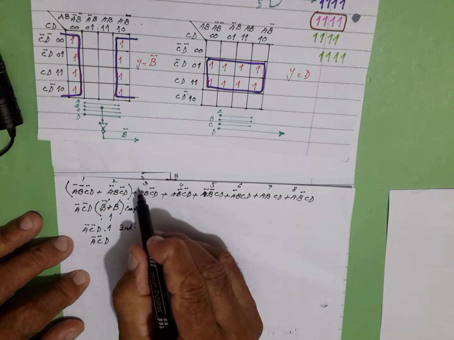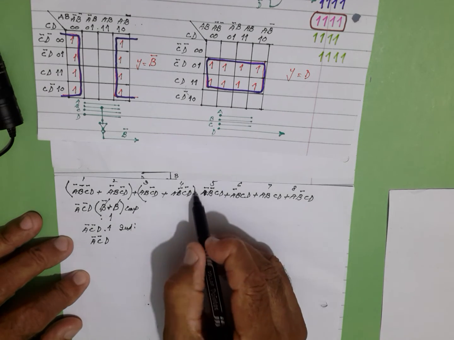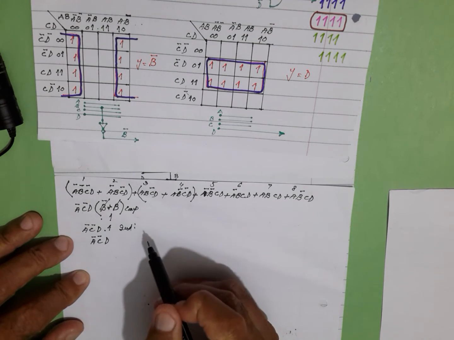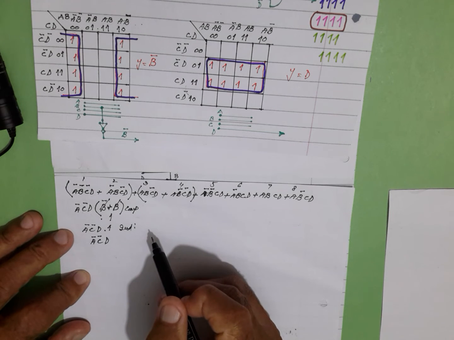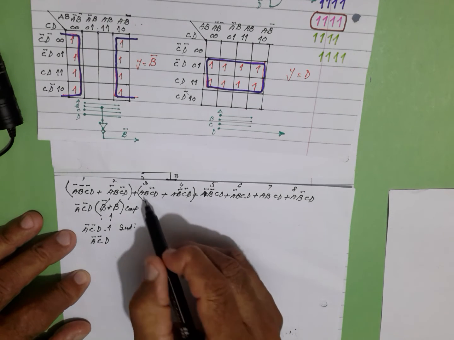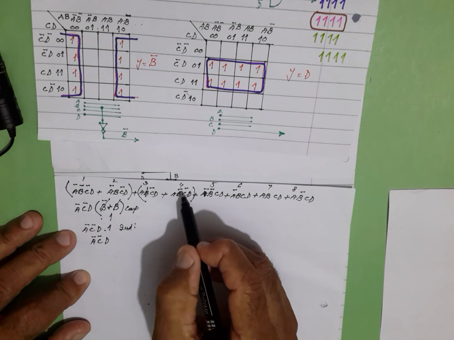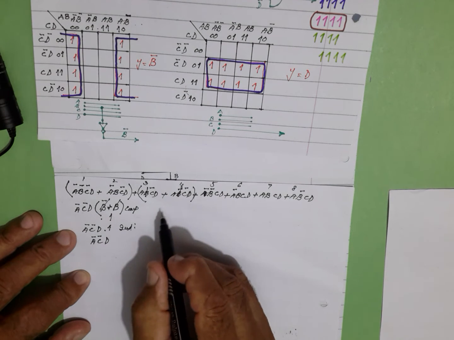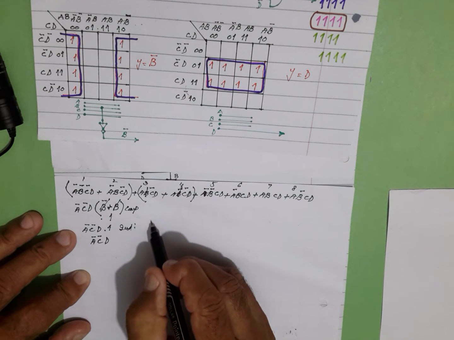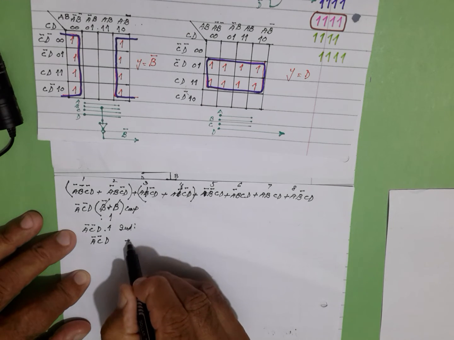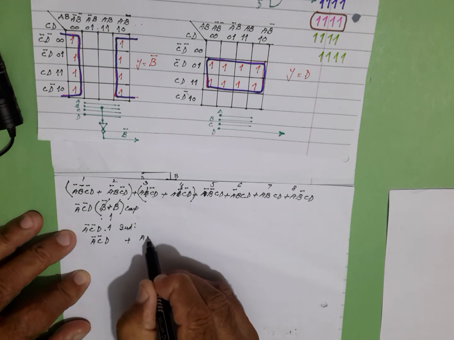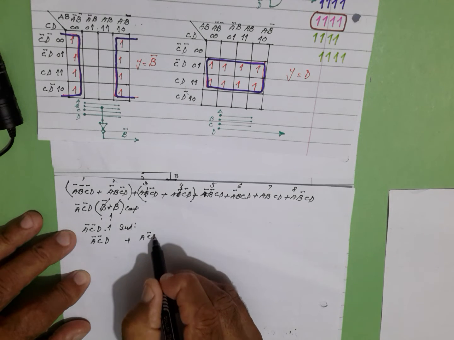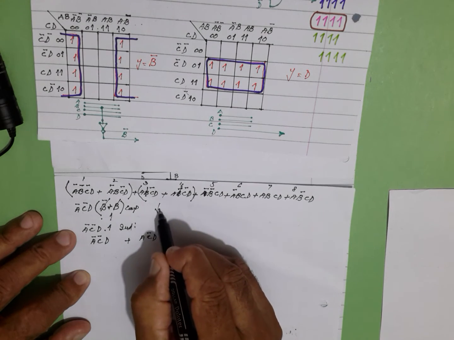Let us solve these two. Again, we see that B bar is changing. This is the complement law, and we now have A C bar D for this.